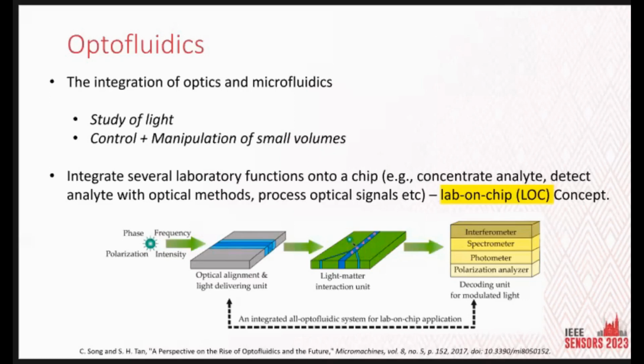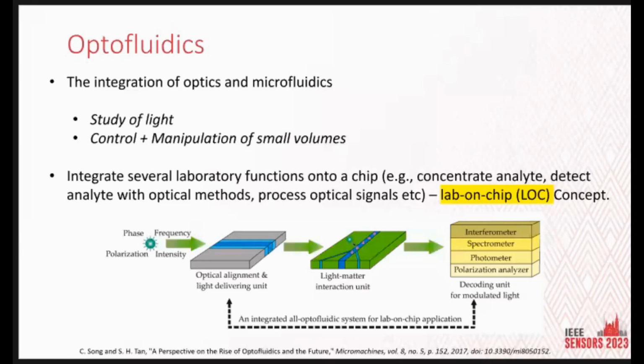Because the light and matter interactions can be performed without any labeling of your analytes, and also you can easily incorporate it into small devices. That's why we think it's a very attractive feature to have in our lab-on-chip devices development.